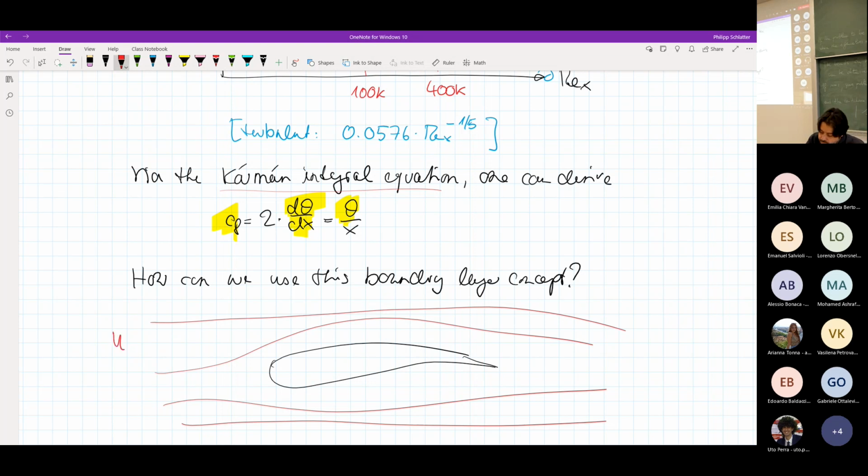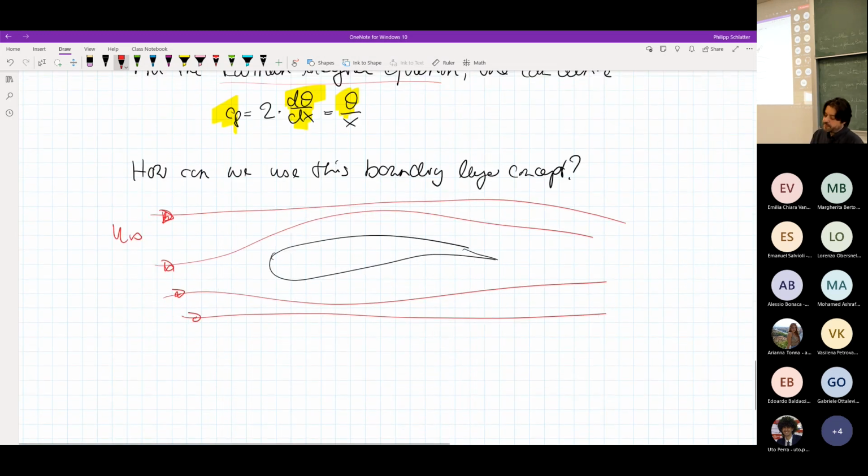Well, if you assume that you have a free stream velocity u infinity, what you would expect is that with this flow around an airfoil, you would have this boundary layer growing, getting thicker and thicker. This delta will get bigger and bigger. But when you start this consideration of this body, you would not know how thick this boundary layer is, or how it is developing.